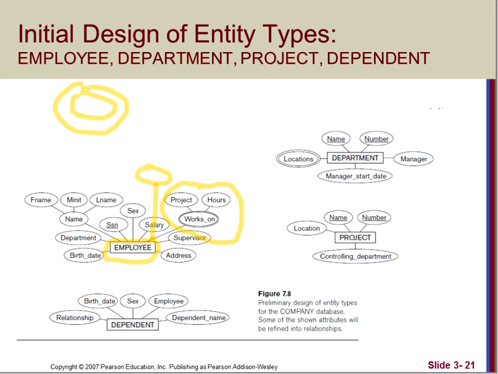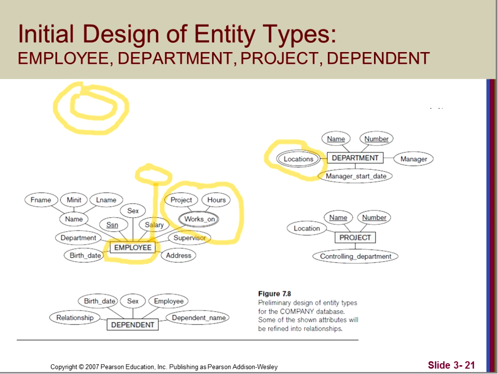So in case of a multi-valued attribute, you can use the double oval. Another example is location. Location means one department may be located in multiple places. At that time, you can use a double oval for locations to represent the multiple locations of the department.